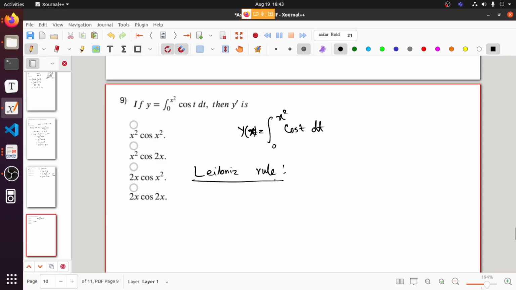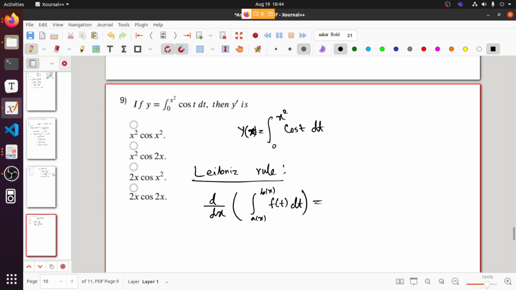So what is the Leibniz rule? Suppose you have to differentiate an integral where the lower limit is a(x), the upper limit is b(x), and the function is f(t) dt. How to do this?